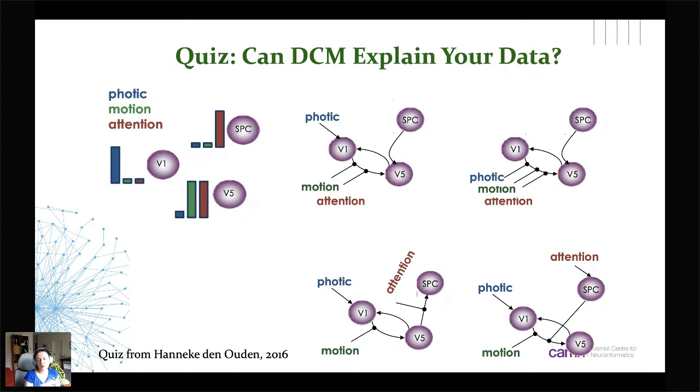So in the meantime, we have a question from Davide. And the question is, I was wondering, how does DCM deal with the stationarity assumption of time series, which is a problem for other effective connectivity methodologies such as Granger causality? So exactly, it doesn't assume that the signal is stationary.